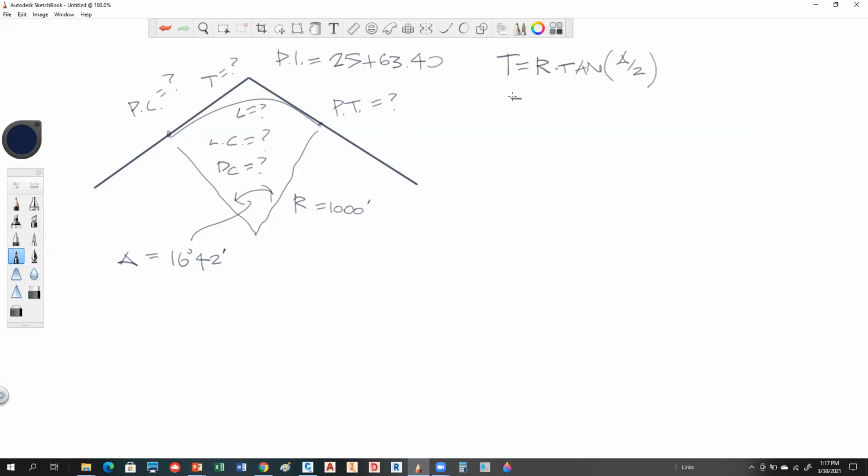So when I plug those numbers in, R is 1,000 times the tangent of 16 degrees and 42 minutes divided by 2. So remember what I said, you've got to divide the angle and then take the tangent of the divided angle, not take the tangent and divide by 2. So let's see what we come up with. I'm going to calculate mine, and then you guys let me know what you come up with.